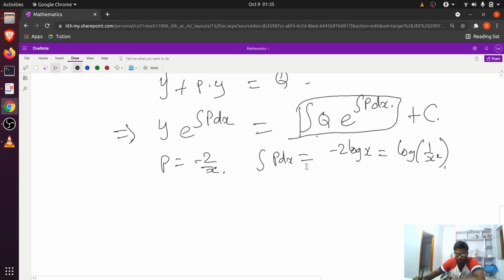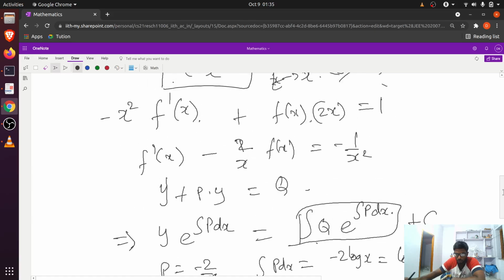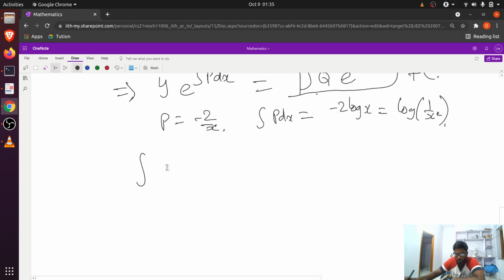What is q here? In our equation, q is negative of 1 by x. So negative of 1 by x square into e to the power log of 1 by x square, which is 1 by x square, dx.